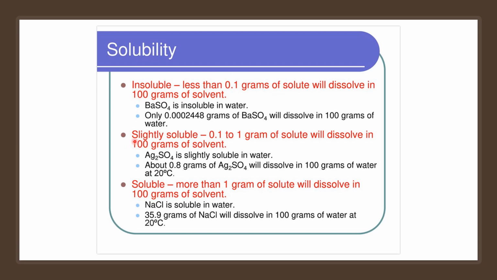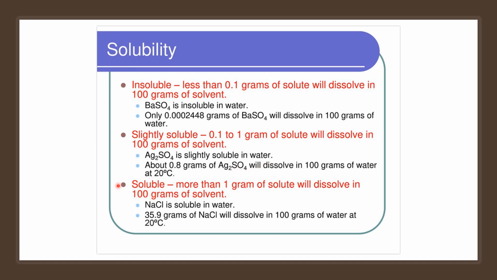We also have another classification, the slightly soluble. This means that 0.1 to 1 gram of solute will dissolve in 100 grams of solvent. An example of this is silver sulfate. This compound is said to be slightly soluble because for every 100 grams of solvent or water, there is about 0.8 grams of the compound that will be dissolved.